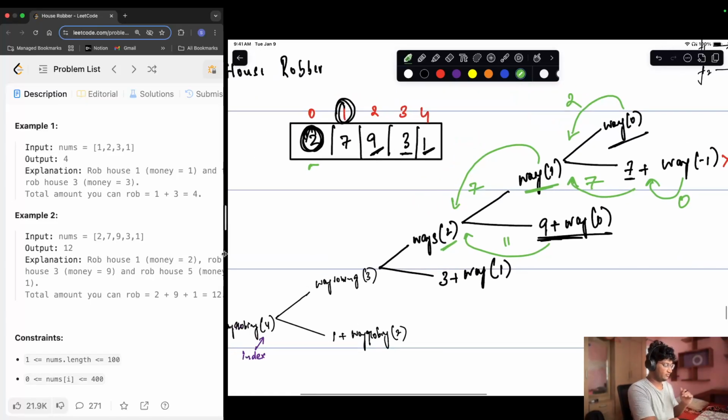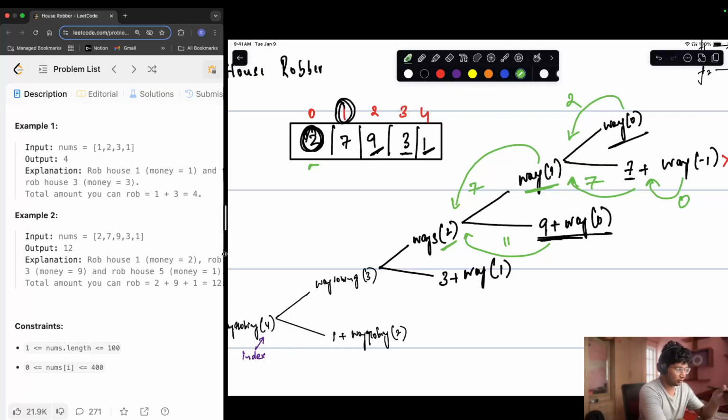Now let's look at it visually. When we look at it visually, what is the maximum profit that we can make to rob until the second house? That is, until this house. Either you pick 2 and then you pick 9, or you only pick 7, right? If you pick 2, you cannot pick 7 because it's adjacent.